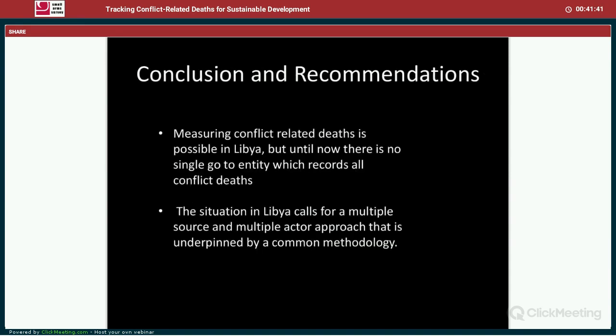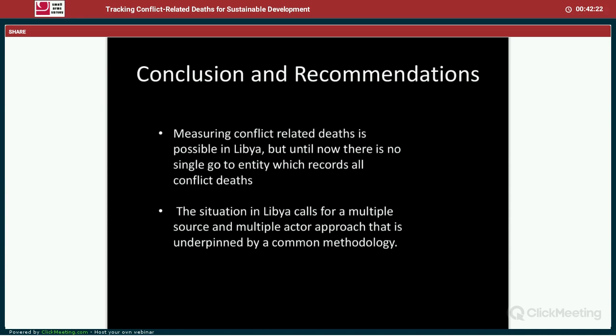So final point, sorry for dragging on. Even though I outlined this whole litany of difficulties in Libya, I think that measuring conflict-related deaths is possible in Libya, but so far there hasn't been one entity responsible for it, and that's where we see the variations. Just as Grace identified, the situation in Libya calls for a multiple source approach, multiple actors underpinned by a common methodology, and this process has to be well resourced, and it has to have the right capacity and the right mandate for doing this work.